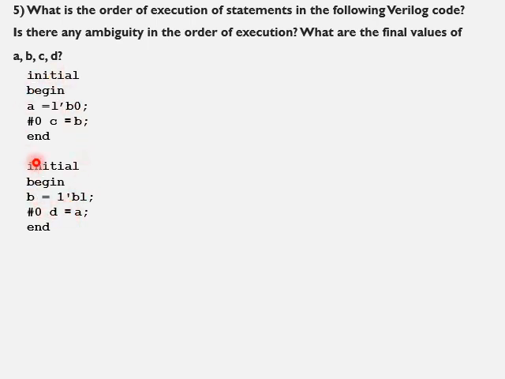If you look at the statements inside this initial block, there is no delay associated, so all the statements will be executed at time t equal to 0. But there are two statements, one in each block, having a zero delay control, that is #0. This means these statements will be executed in the respective blocks last.